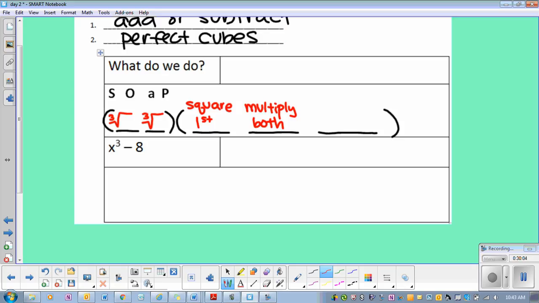Multiply both in the middle one. And then the last one, you're going to square your second term. Okay?